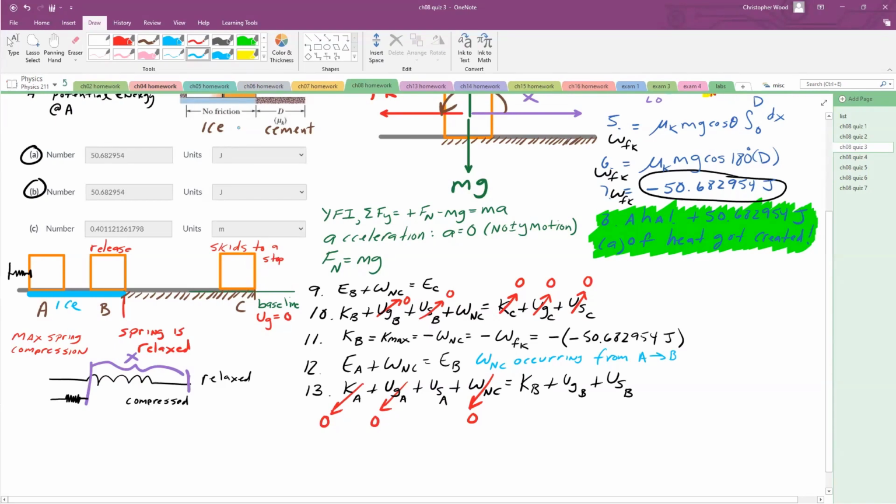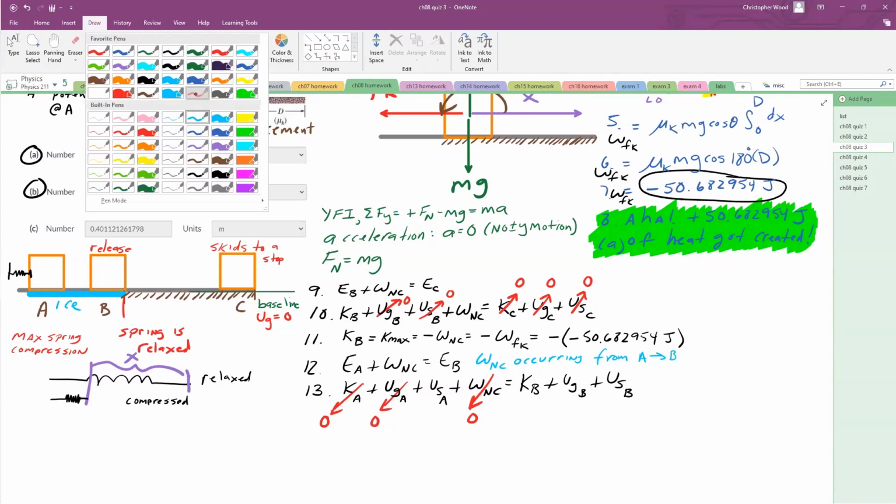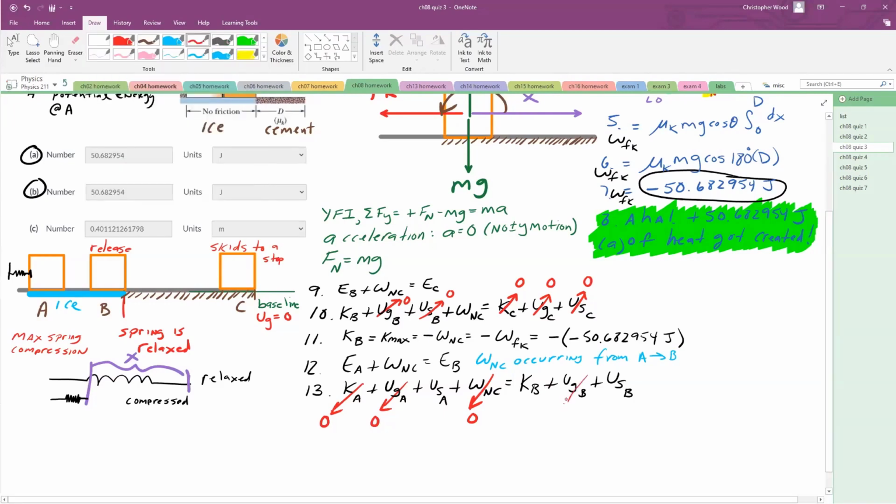All right, and then at energy state B, I have pure kinetic energy, nothing else. So no gravitational potential energy because of my baseline. The spring is now completely relaxed. So step 14 says the following: USA, which is 1/2 K X subscript A squared, equals KB.